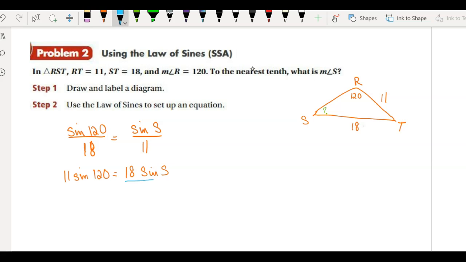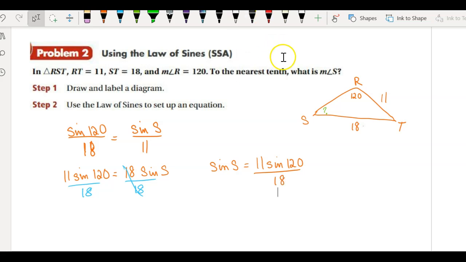So I'm going to divide both sides by 18. So let me write this out. So I have the sine of angle S is equal to 11 times the sine of 120 divided by 18.